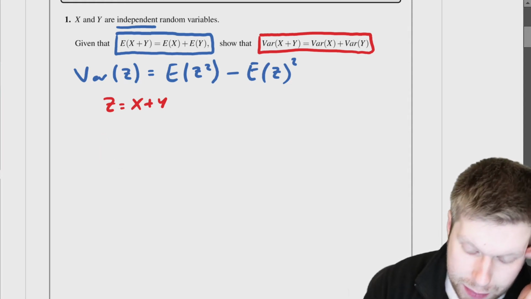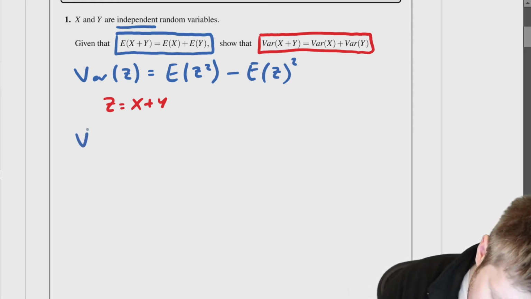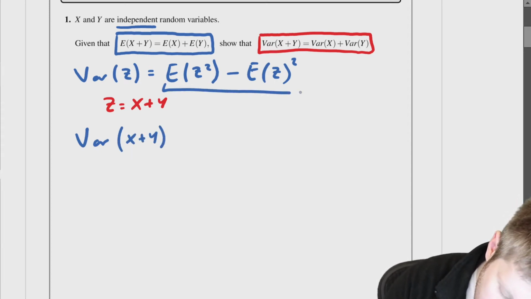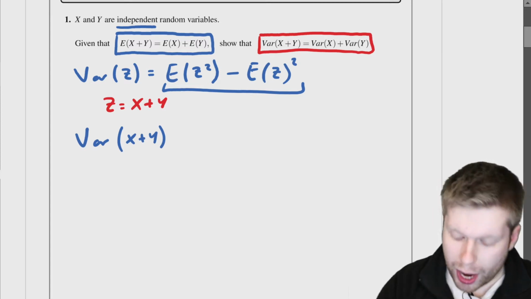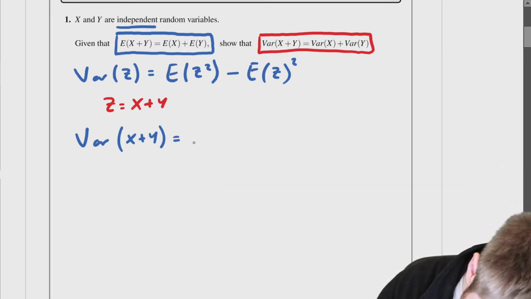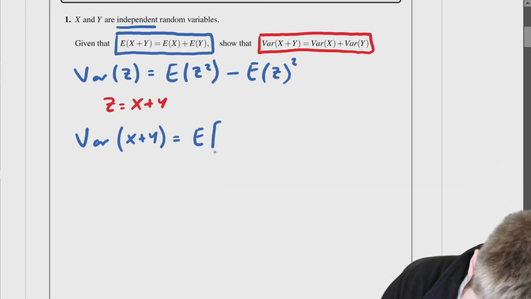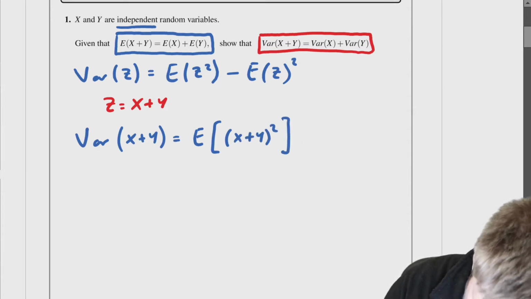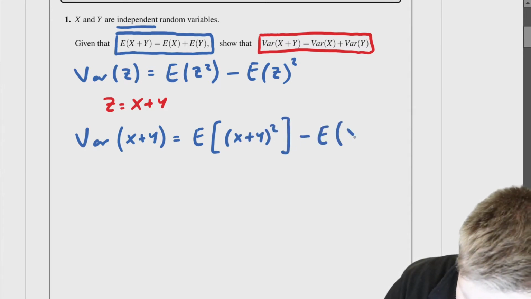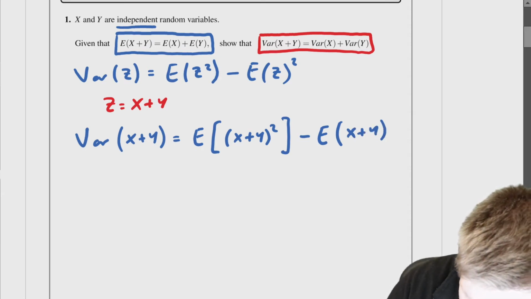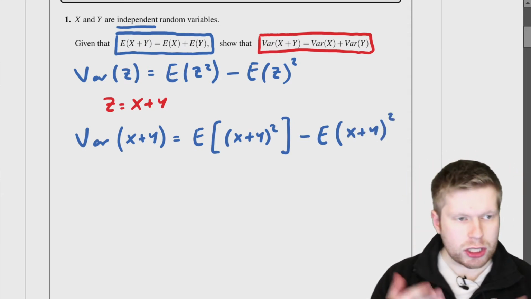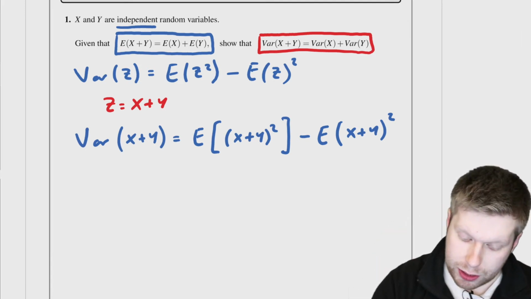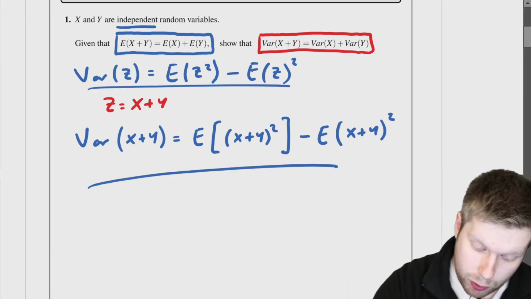Now that basically means that I should be able to write the variance of x plus y should just be equal to, well now I know that z is just x plus y, it should just be equal to the expectation of x plus y all squared minus the expectation of x plus y all squared, like so. Okay, so I'm just simply substituting z equals x plus y in there to make sure I can make a comparison between this and this, okay?